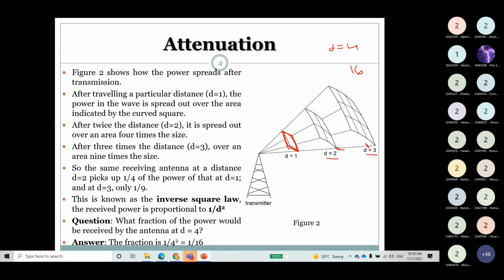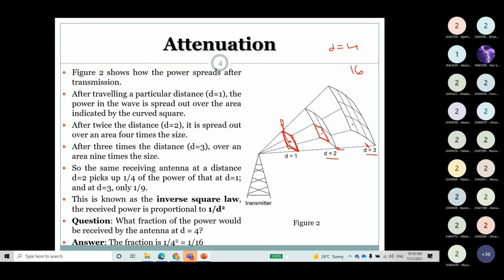So you can see here, when you are here, you will receive a signal with power P. But when you are at this distance, you will see a signal with power divided by 4.